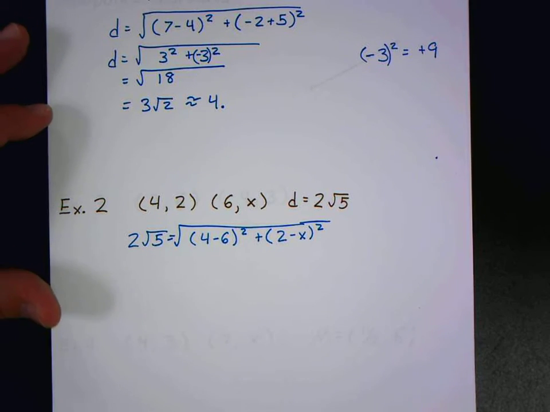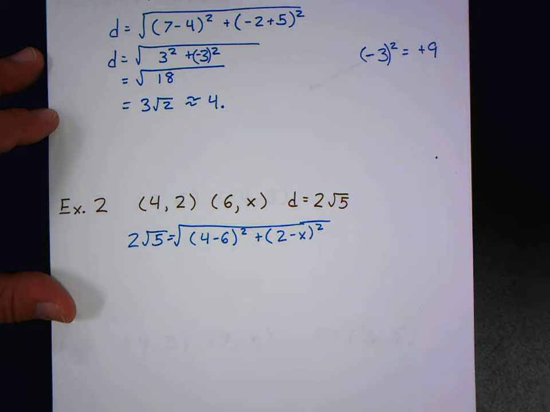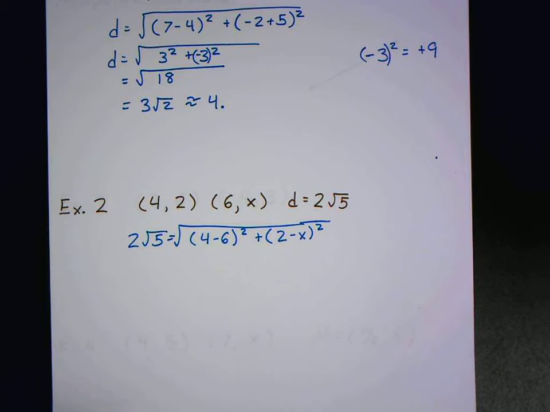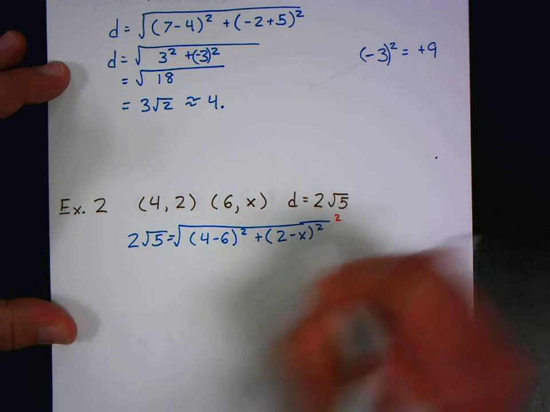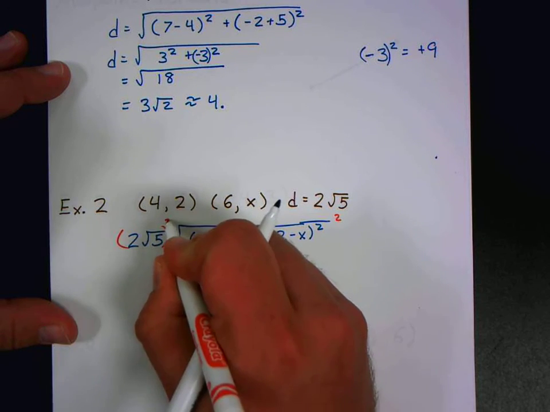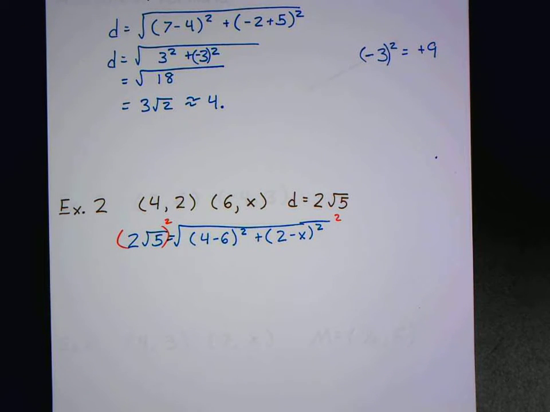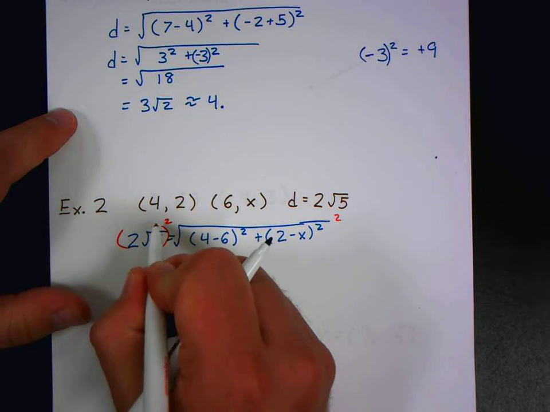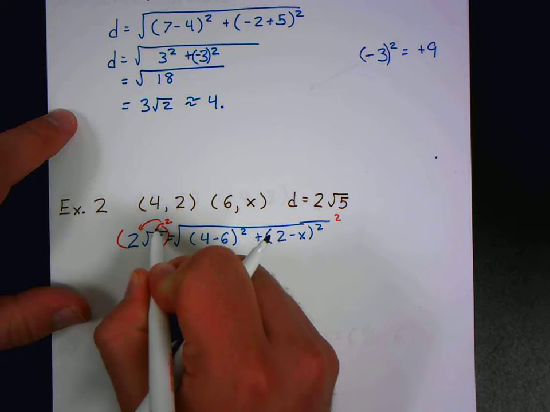Okay, what should my first step be? Oh, I don't like that square root sign, so what I'm going to do is I'm going to square both sides. What is 2 square root of 5 squared? 20. Wherever you square it, this square has to go to both things.